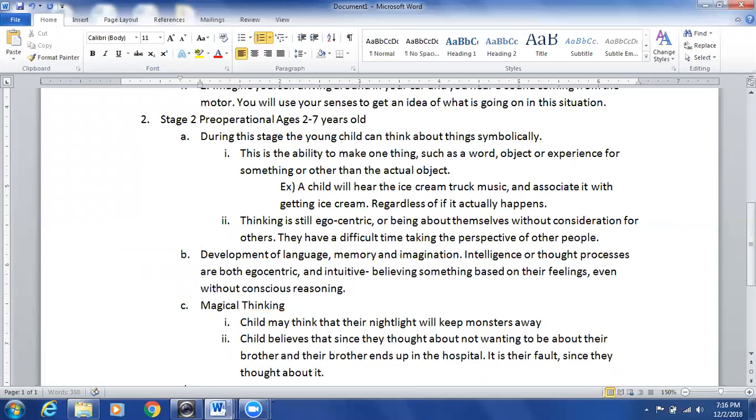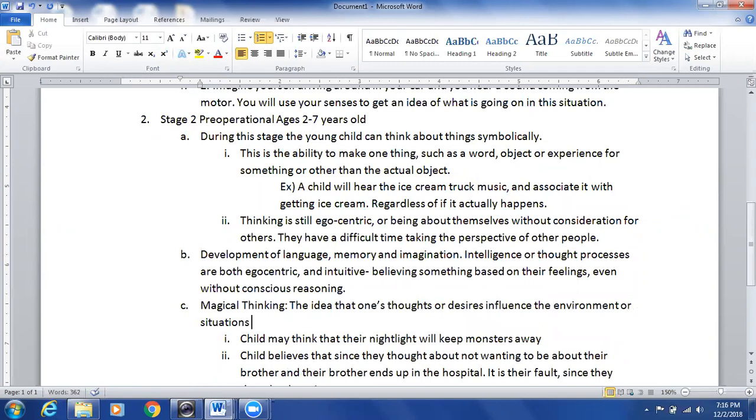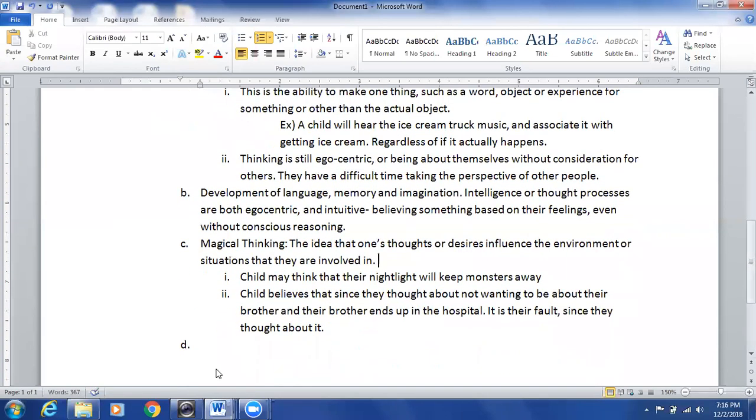Magical thinking is basically the idea that one's thoughts or desires influence the environment or situations that they are involved in. They aren't actually able to have this direct influence, but they think that they have powers that they don't actually have. So that's why it's considered magical thinking.